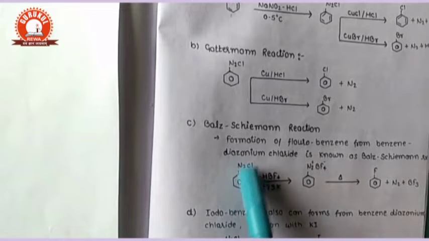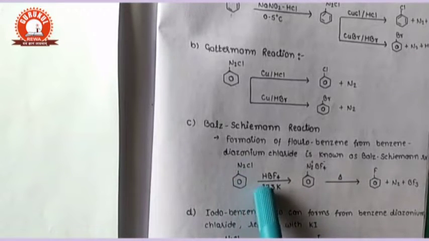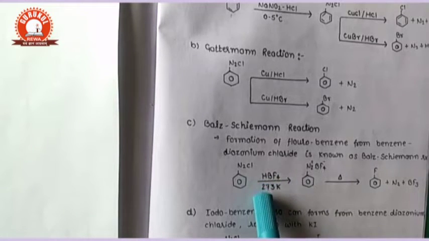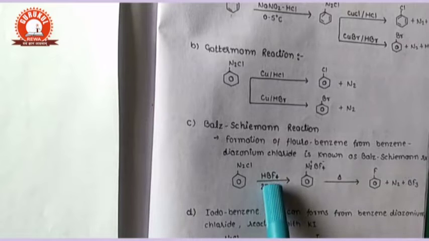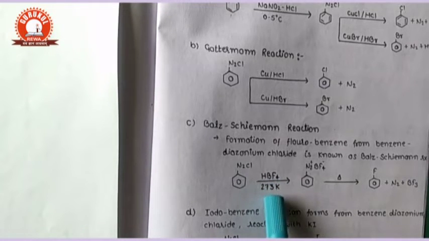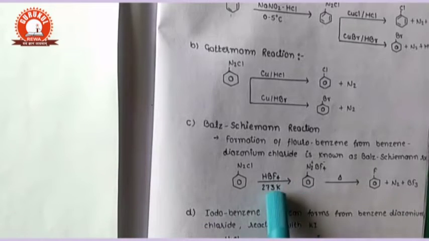When benzene diazonium chloride reacts with hydrogen tetrafluoroborate, HBF4, at a temperature of 0 degree centigrade or 273 Kelvin, we can form this.